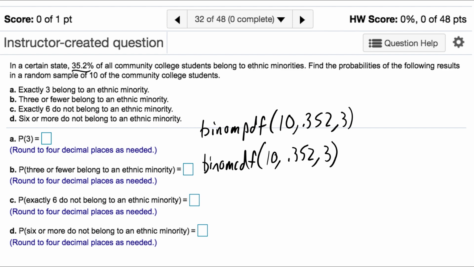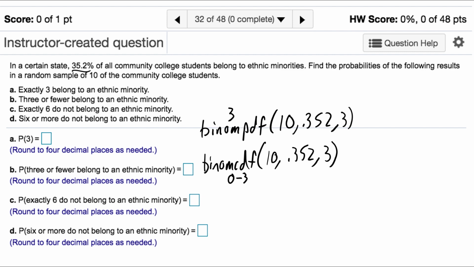That's going to give us the correct answer there. Remember, binom CDF is going to find us between 0 and 3 successes. That's not 0 minus 3, that is a range. 0 to 3 successes is what that finds. The binom PDF function finds us exactly 3.